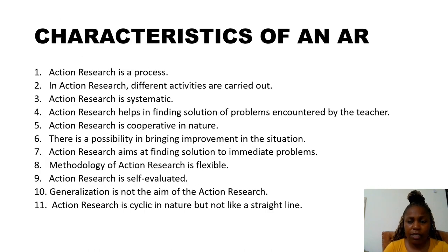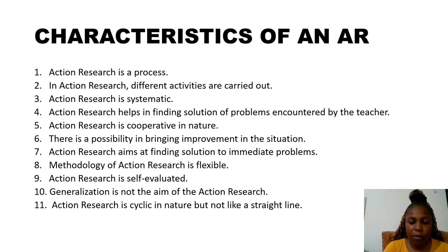So, characteristics of action research. If you look carefully, you will see that action research is a process which keeps going on and on without an end. But what you will notice is that for each stage, there will always be a change, and then different activities which can be done. It's systematic. It helps in finding solutions to problems. It is cooperative. That means people have to work in the form of teams.